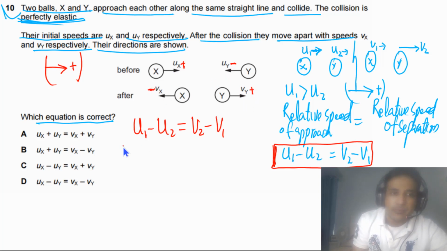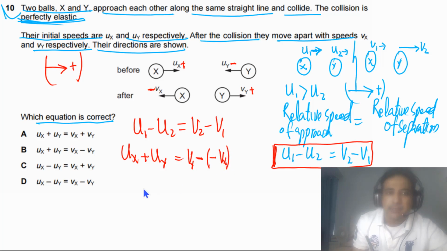So u1 is ux, so this is positive. u2 is uy, but this is negative. So negative means positive. So simply we can write this will be positive. v2 means vy, so we can write vy minus, and this one is negative, so we have minus vx.